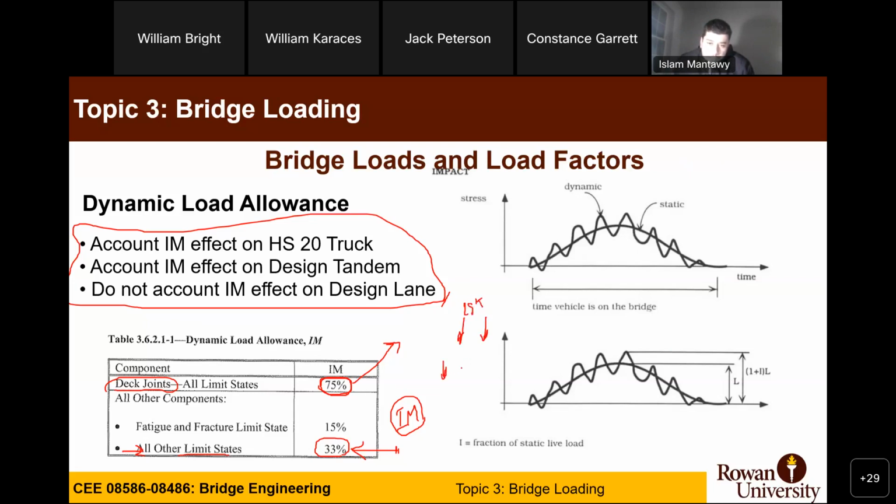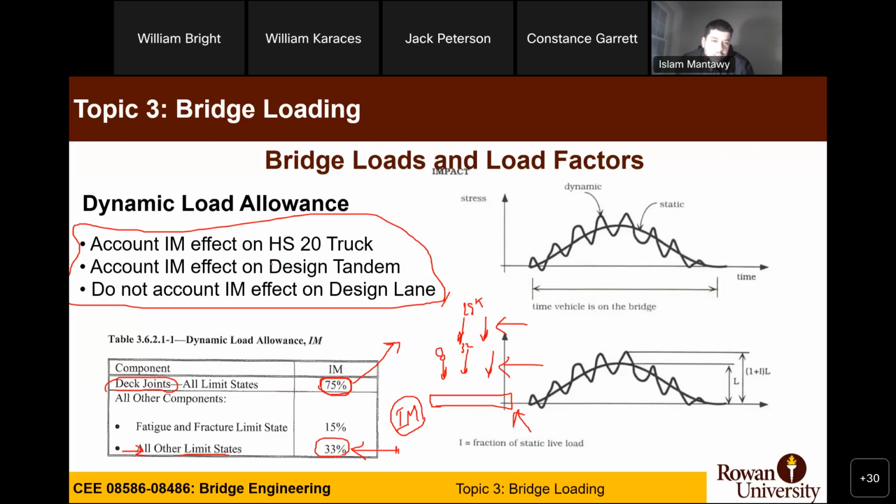And you have the design truck, which is 8, 32, and 32, right? And you have the lane load. Which one of those three do we apply dynamic load allowance to? I believe it's the live loads, if I remember correctly.